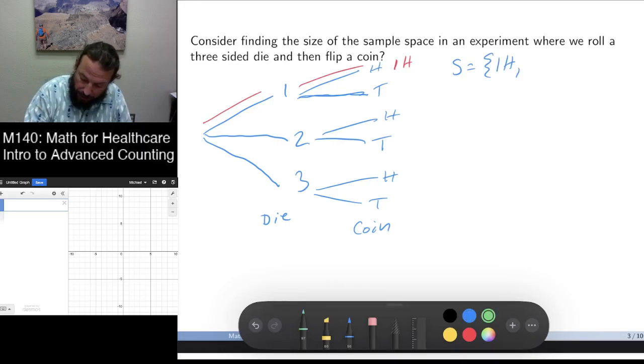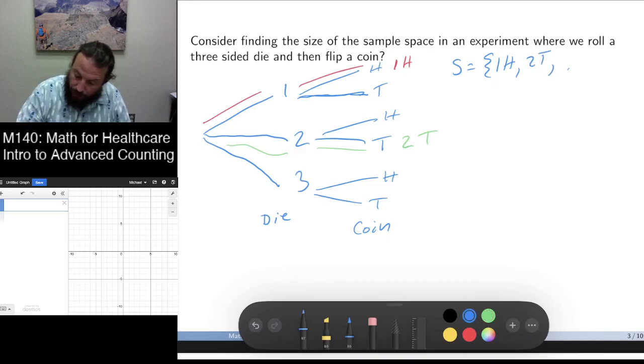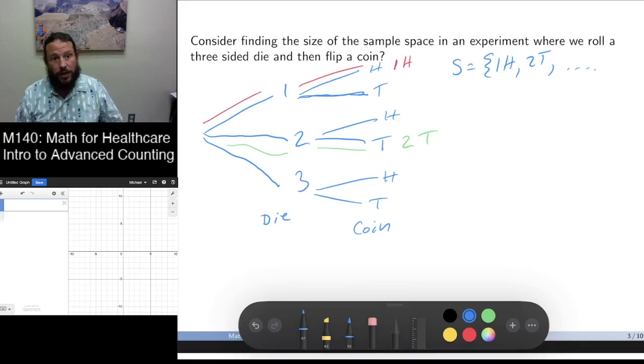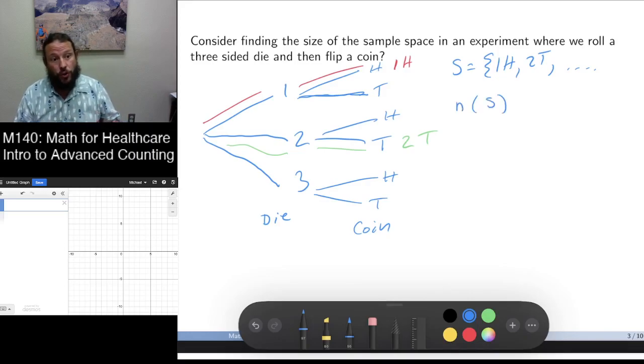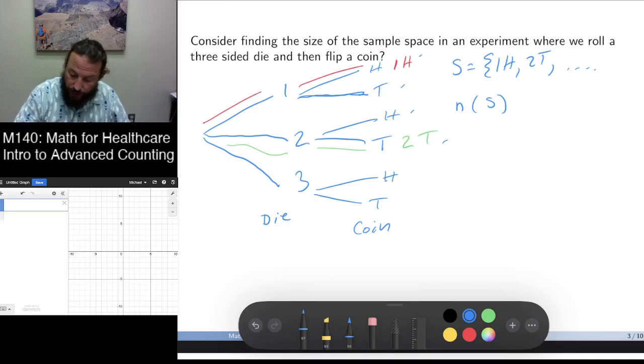Let's see, the green path, say 2 and then T, that's rolling a 2 and then getting a tails, and that would also be an element. If we do it this way, we get equally likely events, and we want to find a way to count the size of this. Hopefully you see from drawing out this chart that we get how many? 6, one for each leaf at the end of the tree. And that's 6 of them.